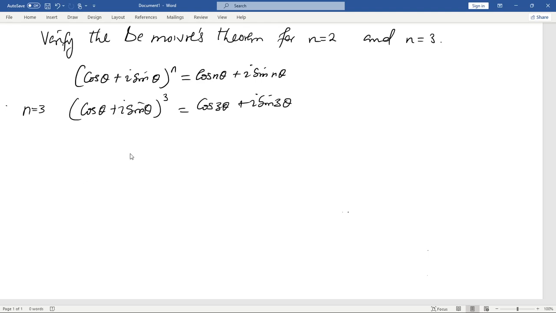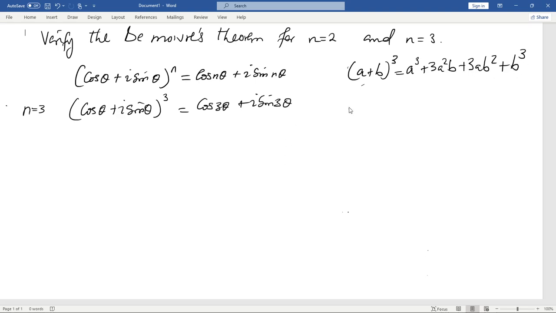So now here we know that the expansion of (a plus b) to the power 3 is simply equal to a cubed plus 3a squared b plus 3ab squared plus b cubed.